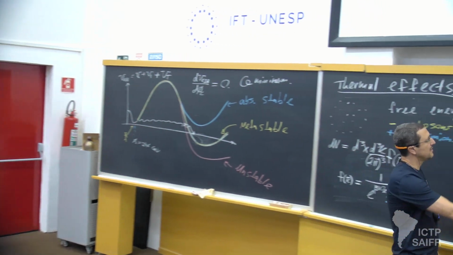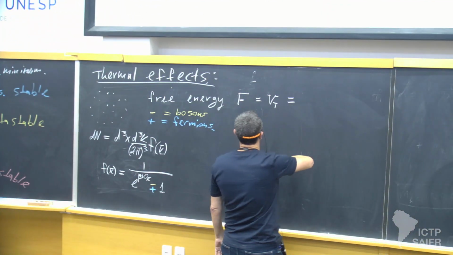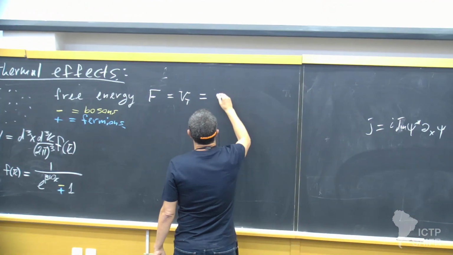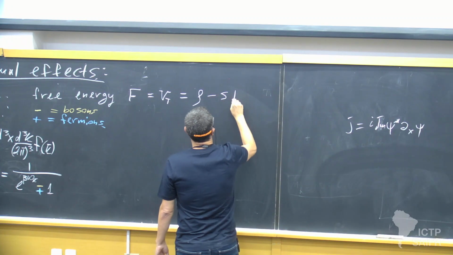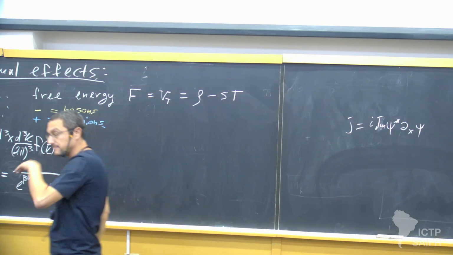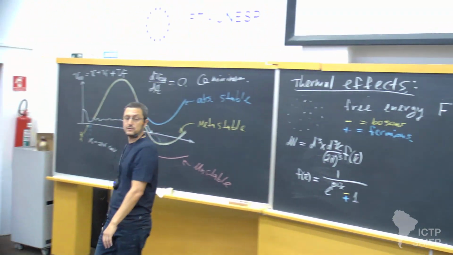In this case, what you have is a grand canonical ensemble. And so this F should be the energy density rho minus the entropy times temperature. This will be the free energy that you want to look at.